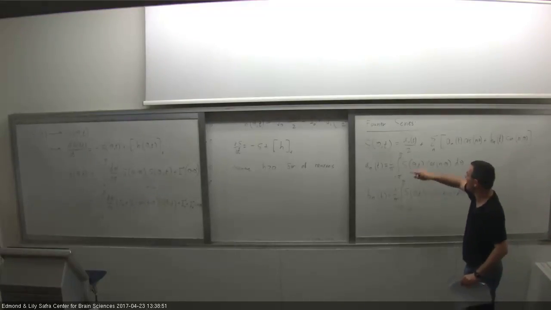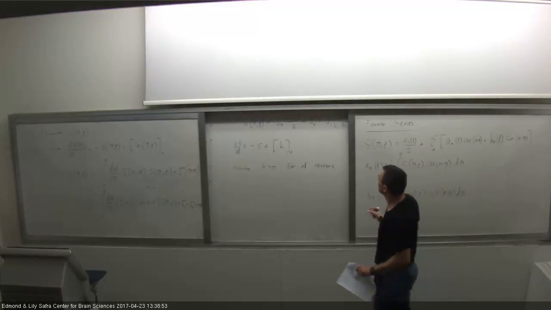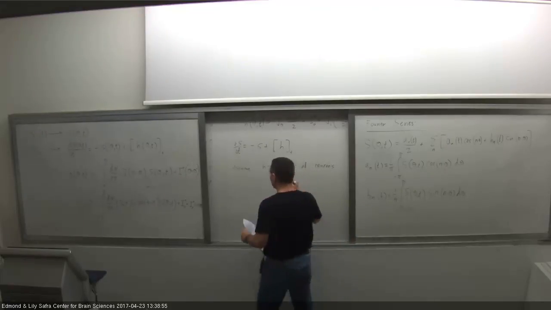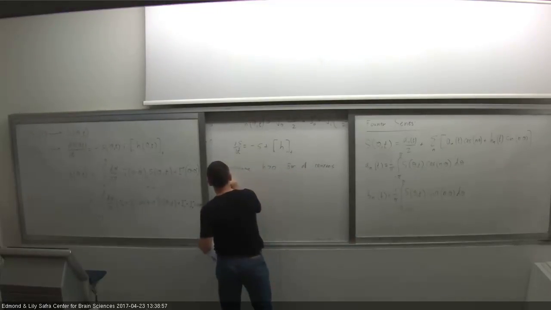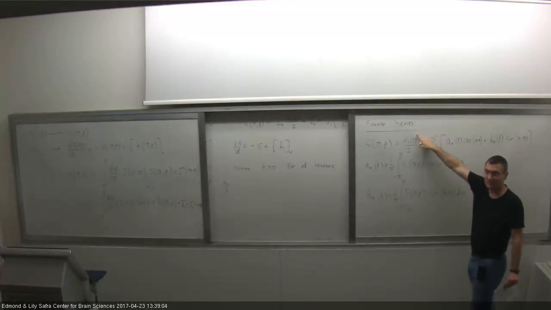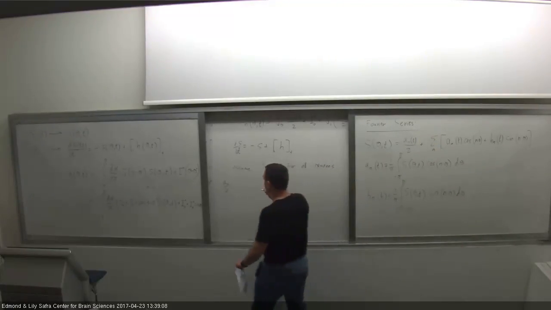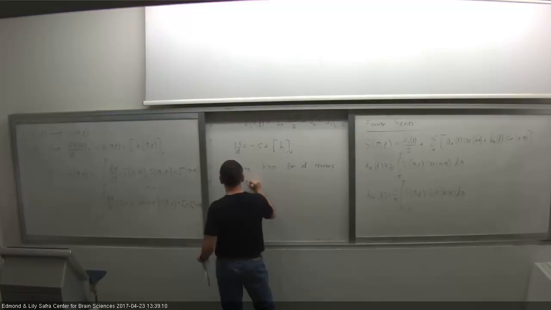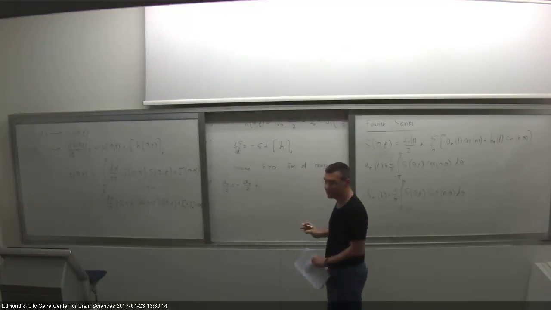Okay, so what can we say about the first component? The first component would look something like this: A0 dot over 2. This would be S dot, considering the first component, is equal to minus A0 over 2 plus what?